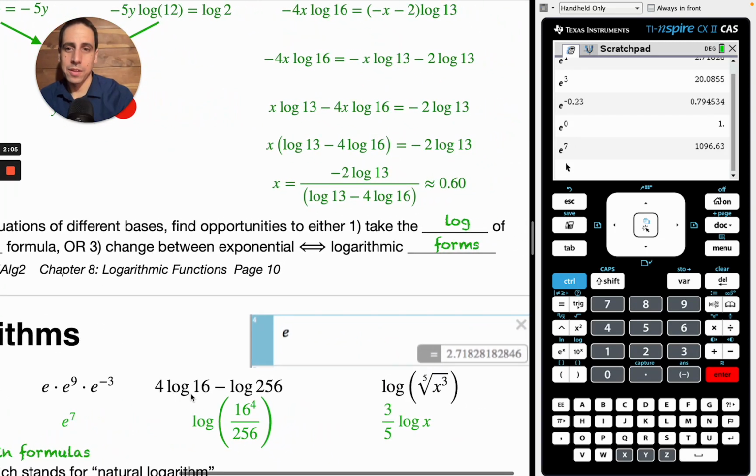I also wanted to review just a little bit what logs look like. Remember 4 times log 16 minus log of 256. Well, the subtraction on the outside turns into division on the inside, and the multiplication on the outside turns into an exponent on the inside. And so we've got log base 10 of 16 to the fourth over 256, which you can actually simplify.